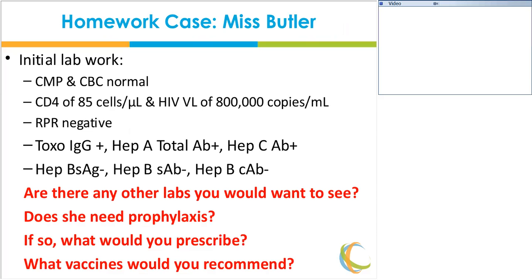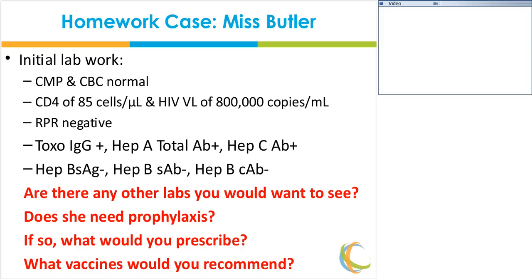She's RPR negative, and that's her serology. She's toxo IgG positive. Her hepatitis A total antibody is positive. She's hep C positive. Her surface antigen for hepatitis B is negative. Her surface antibody for hepatitis B is negative, and her core antibody for hepatitis B is negative.